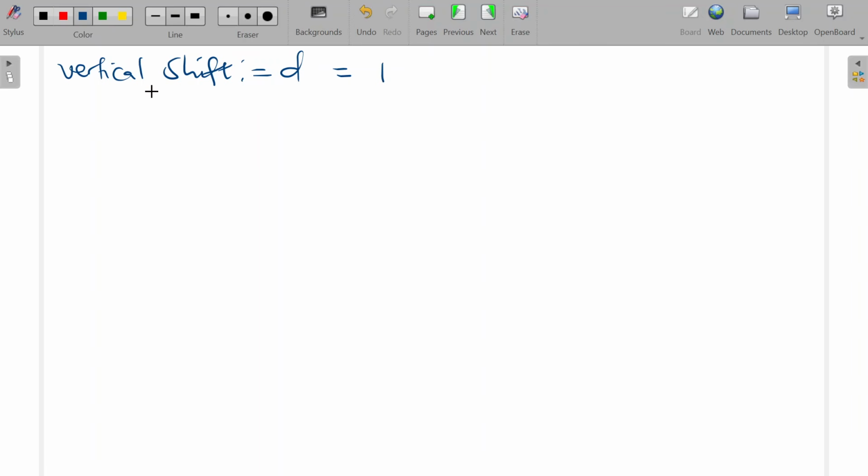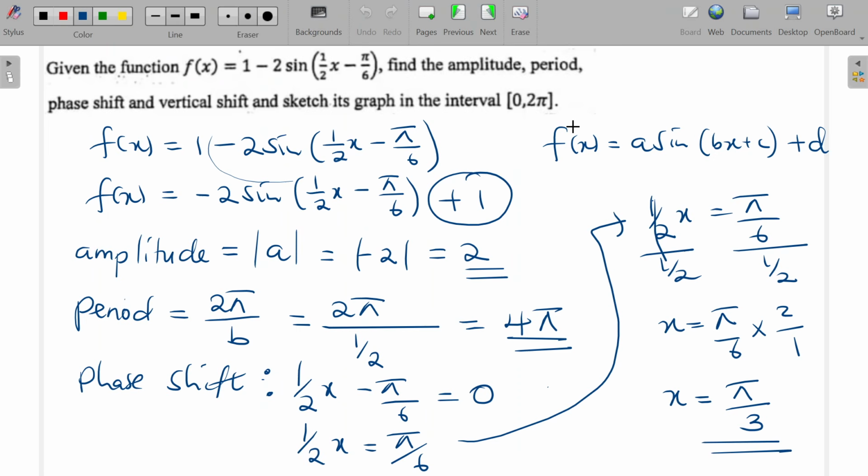On vertical shift, if it's positive, you say 1 upward; if it's negative, you say 1 downward, or you can say positive 1. So it's moving upward by 1. That's how the sketch is going to move. Okay, so after doing that, now let us sketch.